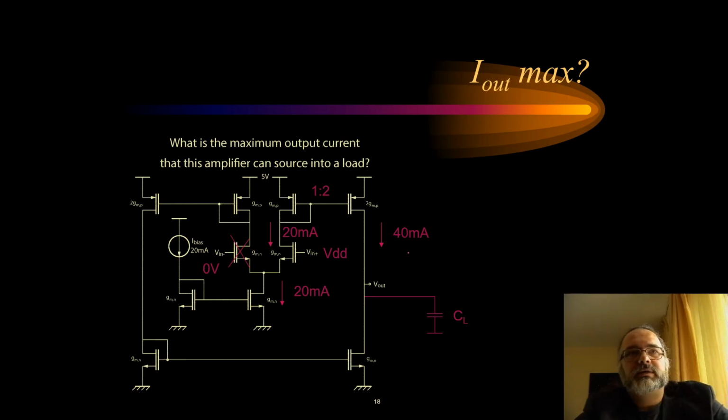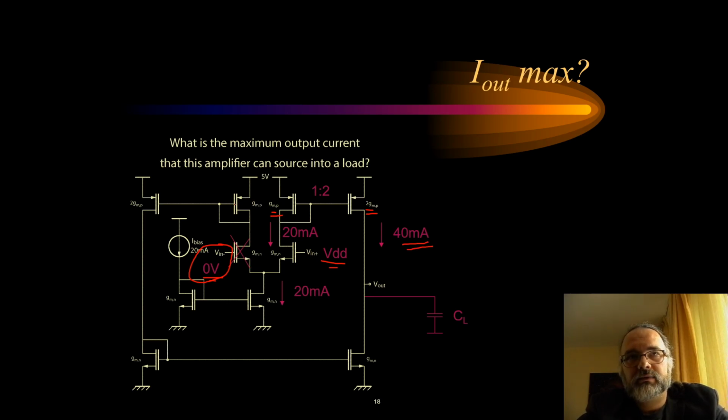So here it is drawn, and at the gate of the negative input I put 0 volts, the other input I put to maximum VDD. So the tail current that flows here, 20 milliamp, will go all through this branch, it will be copied through this current mirror, and I will be able to source 40 milliamps.